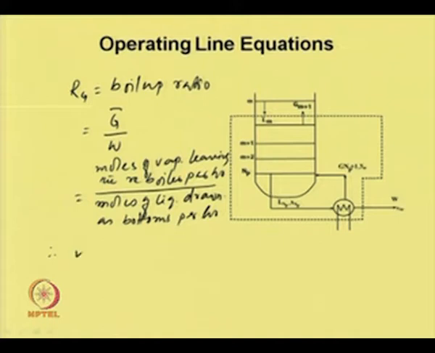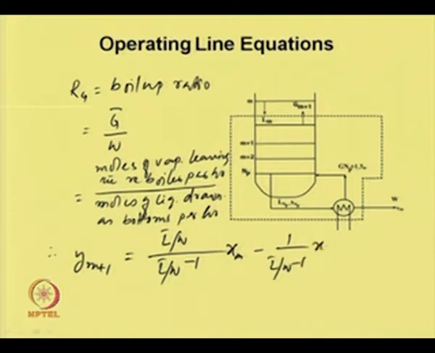So, we can write y m plus 1 would be equal to L bar by W divided by L bar by W minus 1 x m minus 1 by L bar by W minus 1 x W. So, we can write R G by R G minus 1 x m minus 1 by R G minus 1 x W. So, this is the operating line equation in terms of the boil-off ratio.